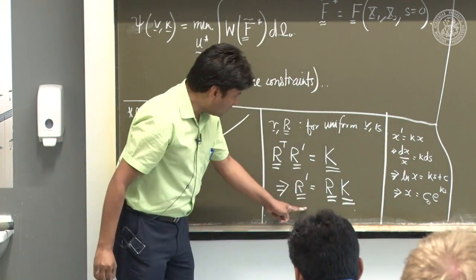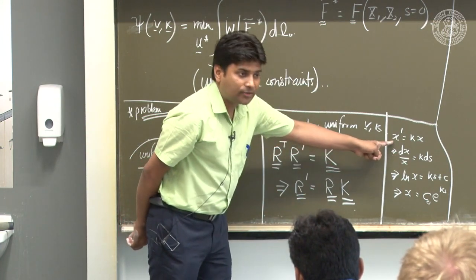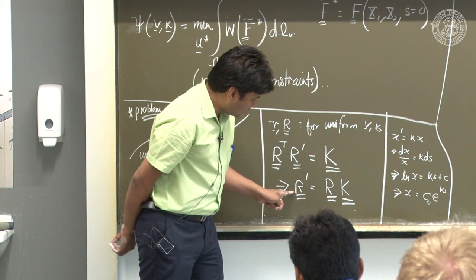And you see this problem is very much like that problem. Here your little x is the unknown, here big R is the unknown.